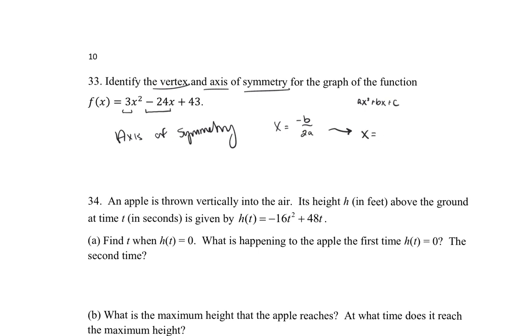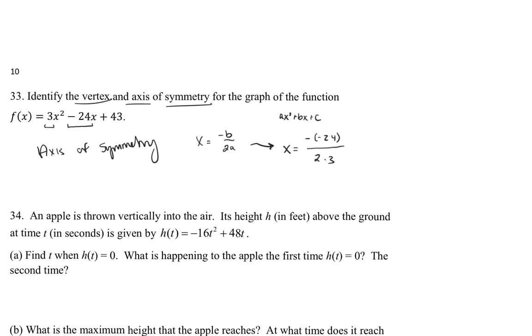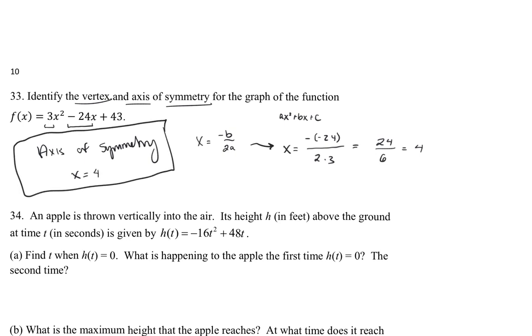so this is going to happen at x equals negative 24 over 2 times 3, which will give us 24 over 6, which is just 4. So the axis of symmetry is at x equals 4. Now the vertex happens along this axis of symmetry that we have.